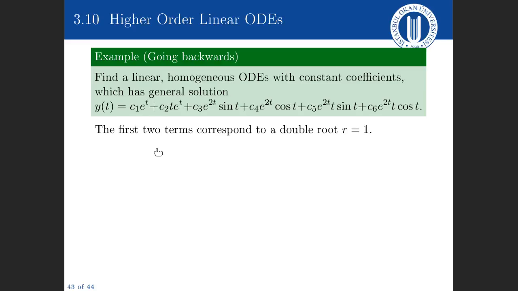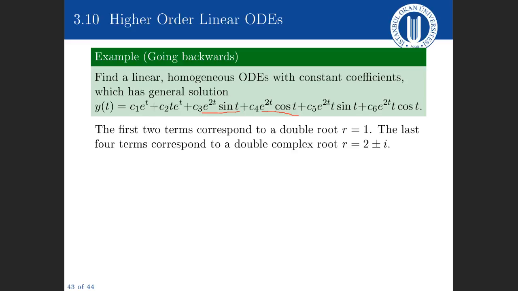We need to find the roots of the characteristic equation. First, we have e to the power t, so that's the root 1. And then we have t e to the power t. Again, that corresponds to the root 1. And then we have e to the power 2t sine t and e to the power 2t cos t.